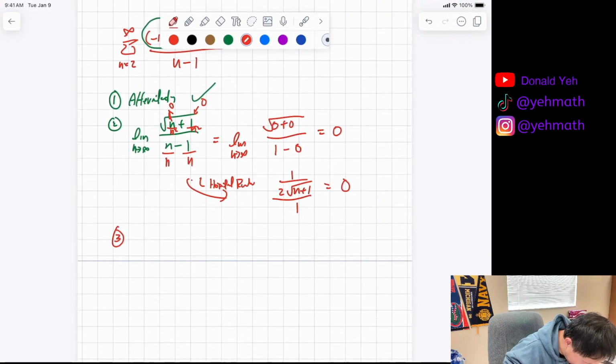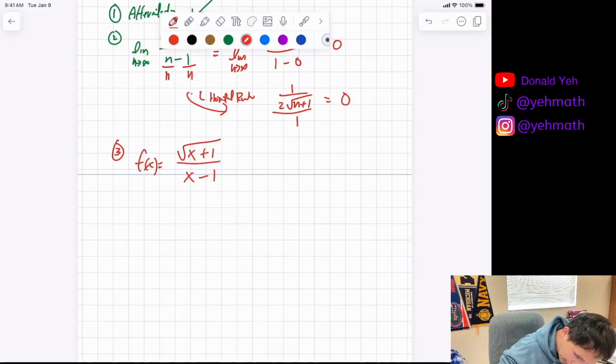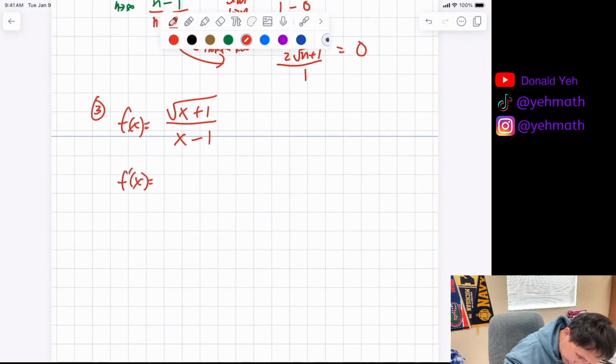How much time I have? Cool. What's the next thing we gotta prove? Are they decreasing? What's the best way to prove they're decreasing? Let's take a derivative. What is the derivative of this one? It's low. What's the derivative of square root of x plus 1?